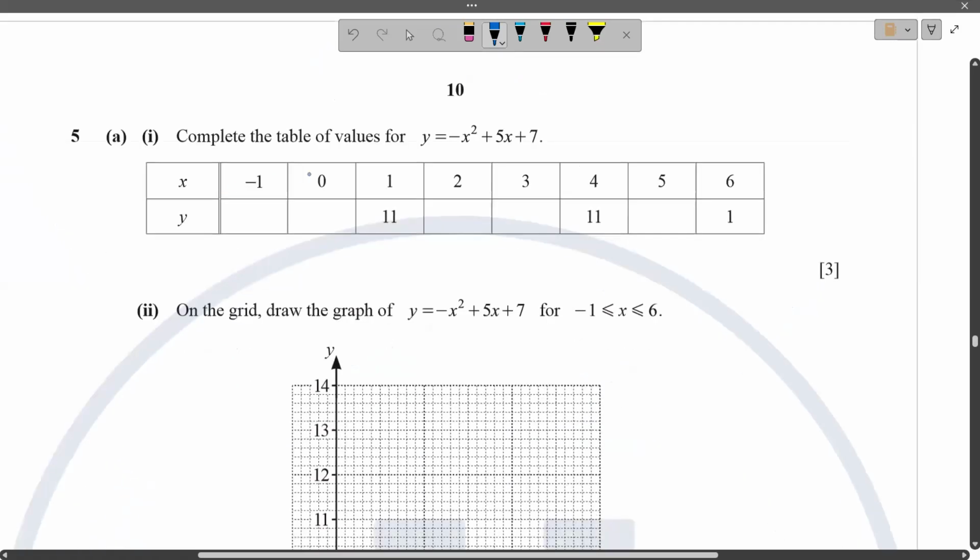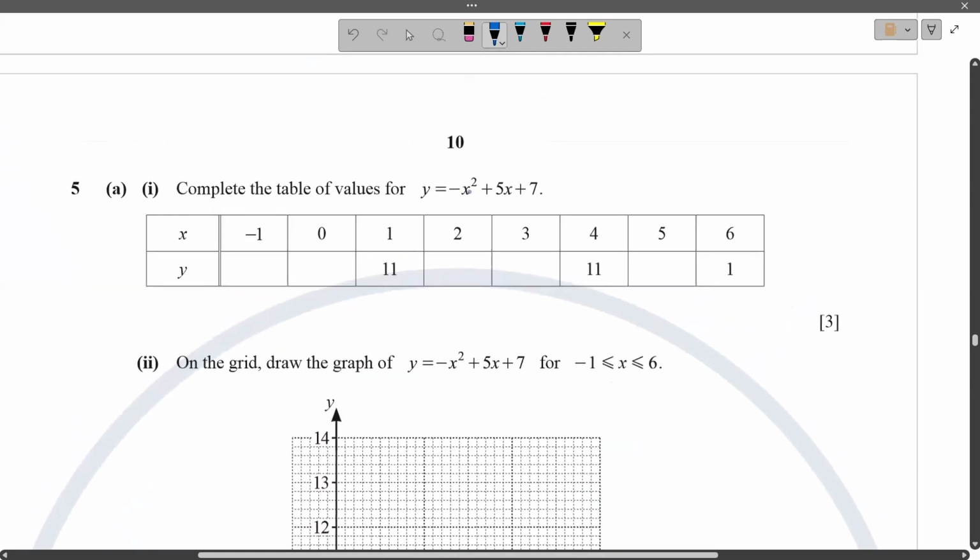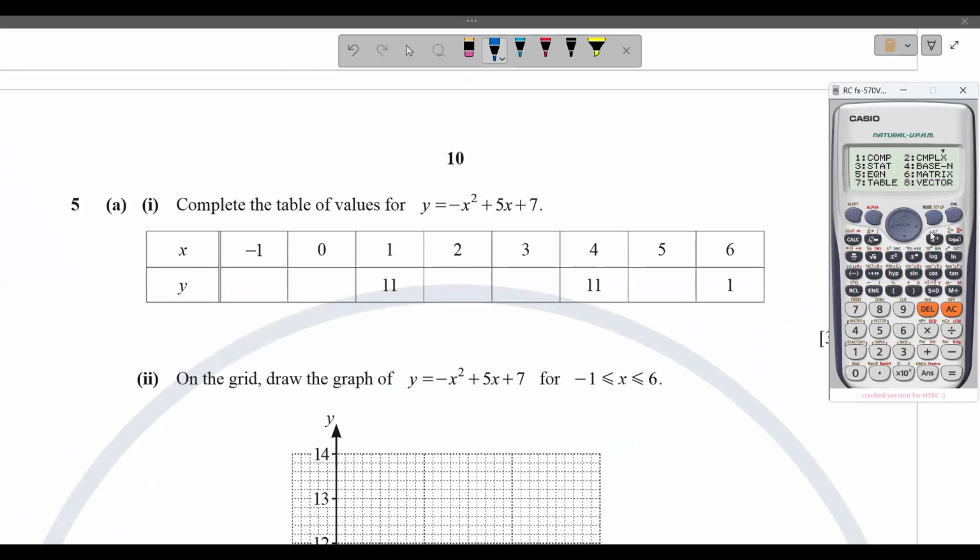Question number 5. Complete the table. You can complete it either using the mode 7 table here, or just by substitution. I'm going to substitute. The equation is negative x squared, which is negative 1 squared, plus 5 multiplied by negative 1, plus 7.